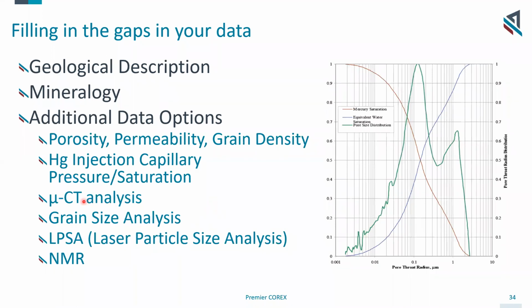This can, in the first instance, be used as a cross-check on the porosity, and then more traditional work of grain size analysis, laser particle analysis. And then finally, recently we've been doing some work on NMR, which I'll say a few words about.